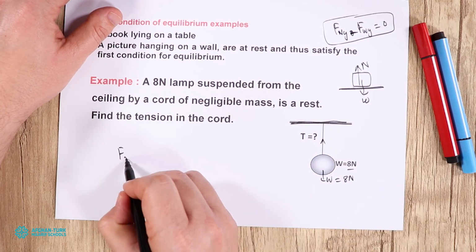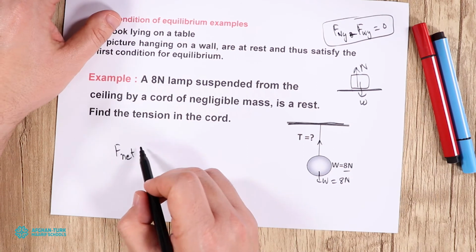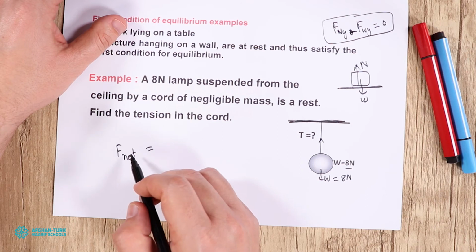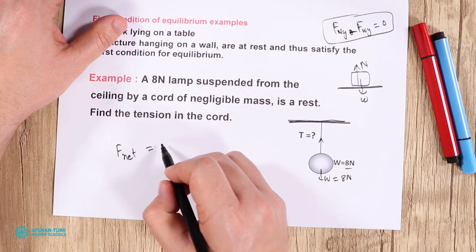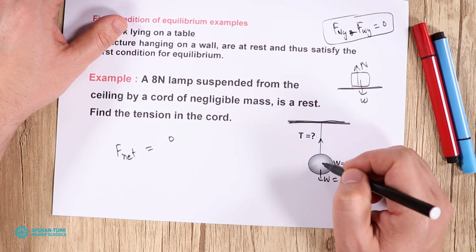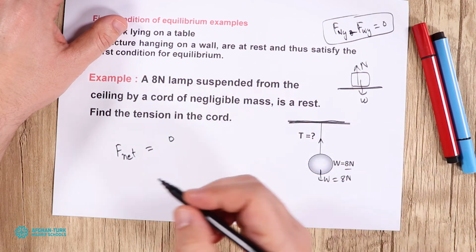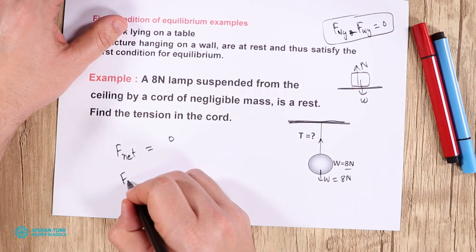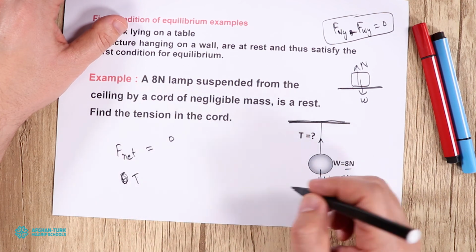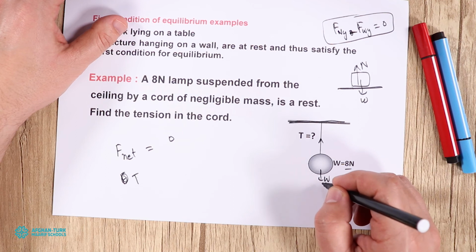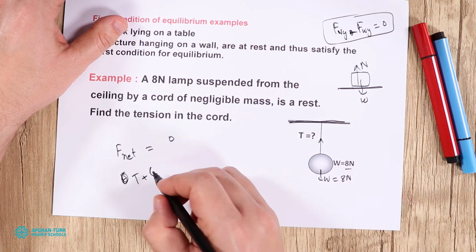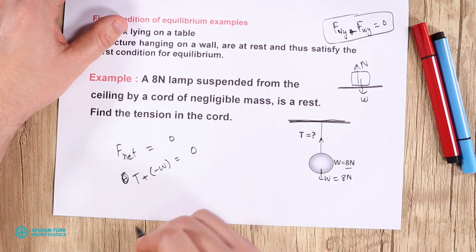So we know that for the first condition of equilibrium, the sum of all forces on the x side or y side must be equal to 0. Here two forces are applied on this lamp, in the vertical direction. So on the vertical side there is the tension force upward, and the weight downward, which is in the negative direction, so the sum is equal to 0.